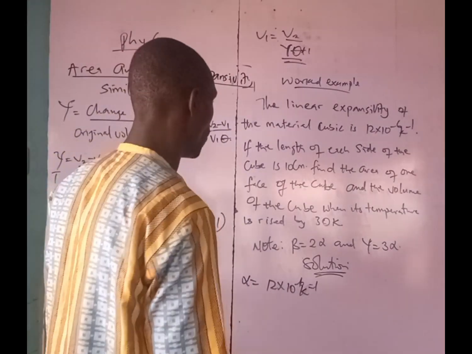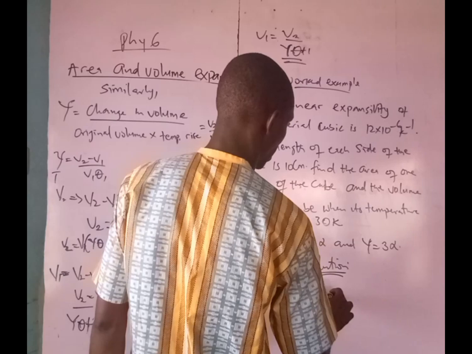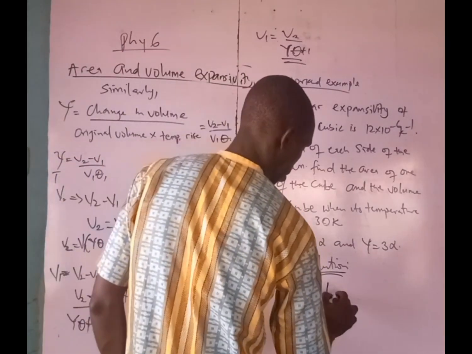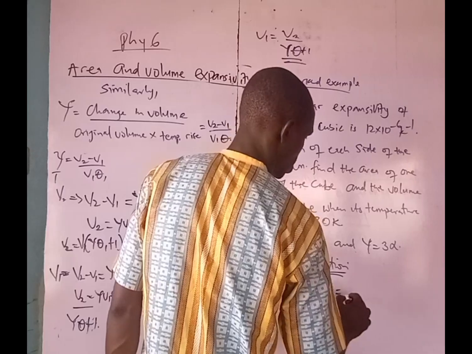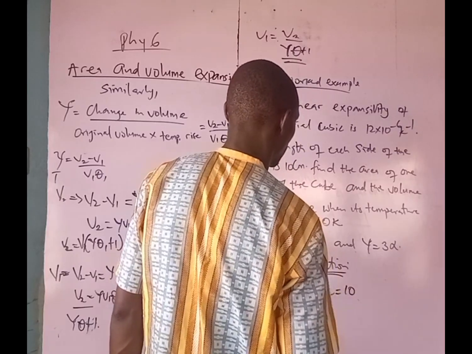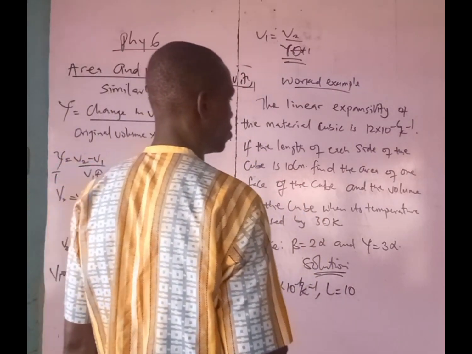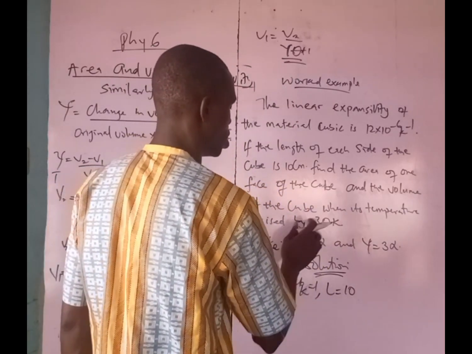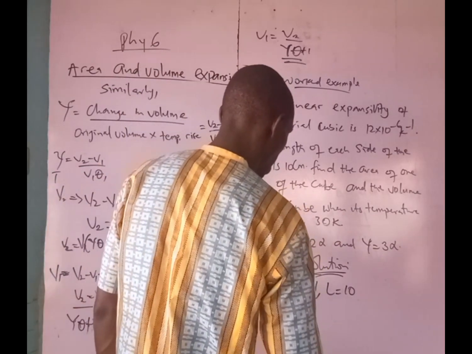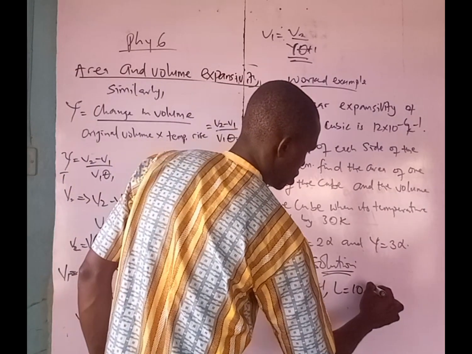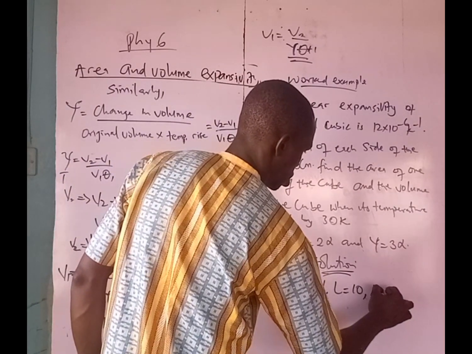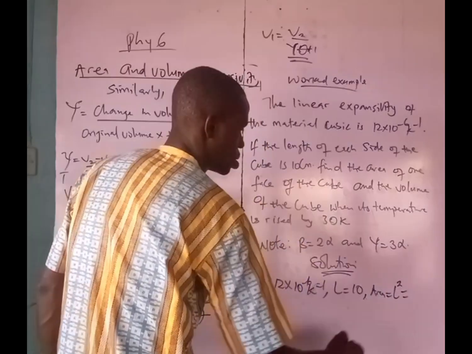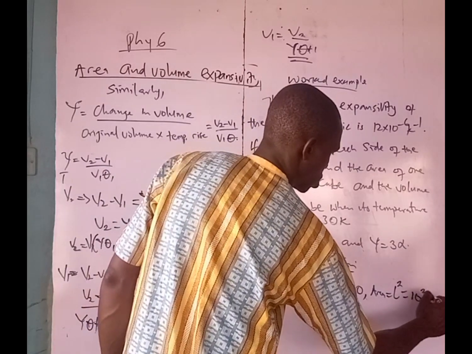So if the length of each side is 10, find the area of each face and the volume when the temperature is this. Okay. What's the area of a cube? Area is what? L square. That's 10 square, which is 100.